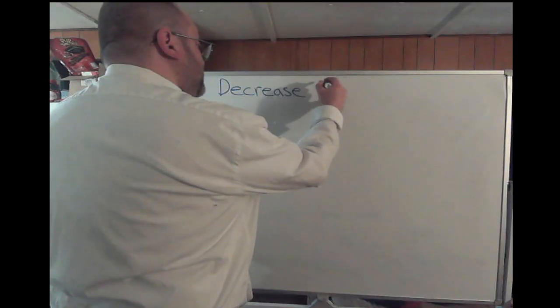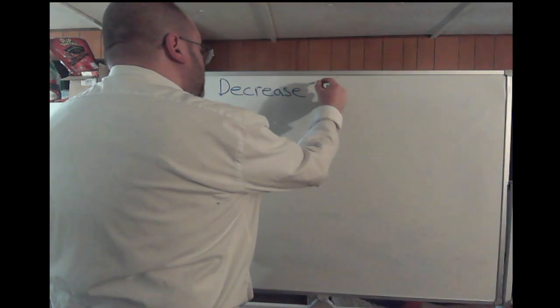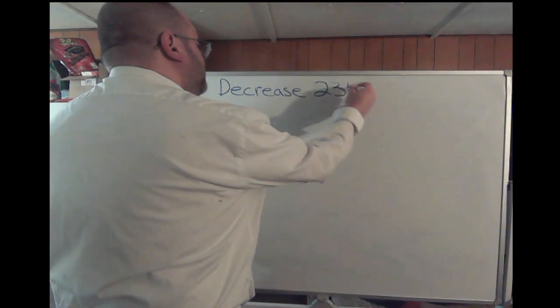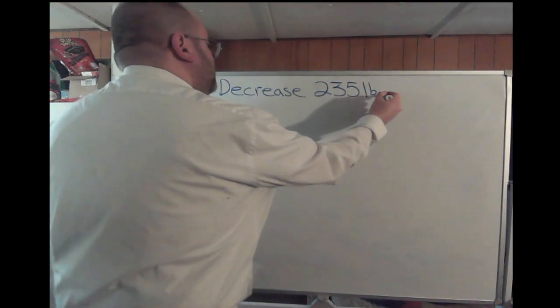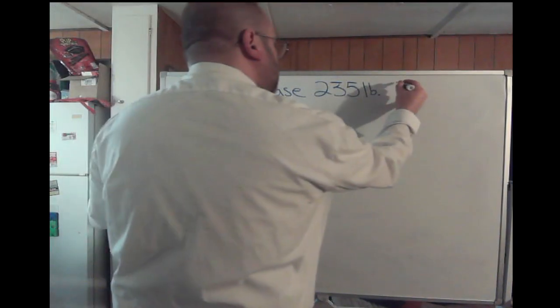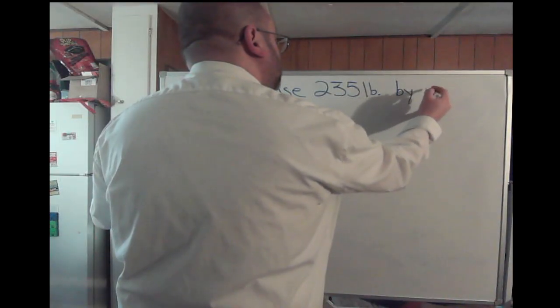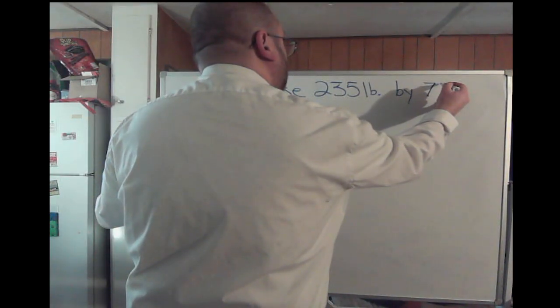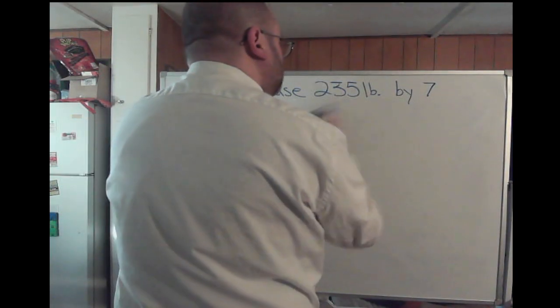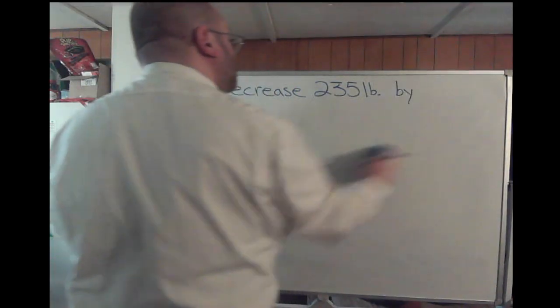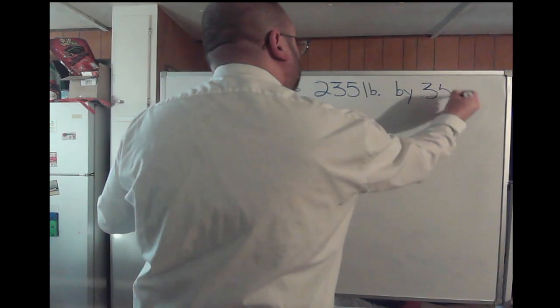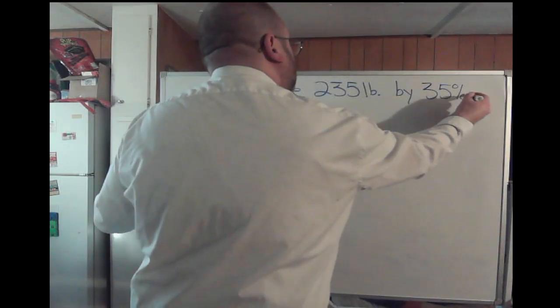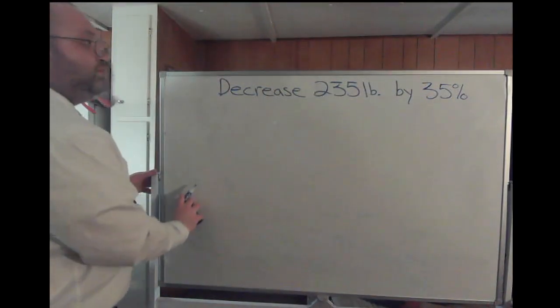So anyway, let's say somebody, well, I weigh 235 pounds. I'll throw that out there. I want to decrease my weight by about, no, that's not realistic, by 35%. That would be a good realistic weight goal for me.